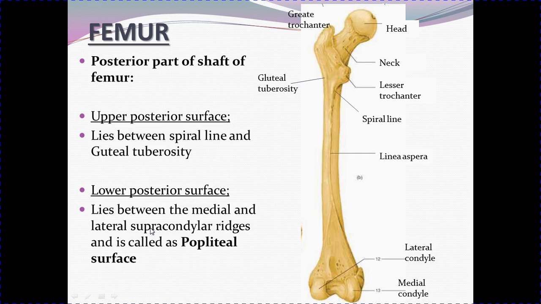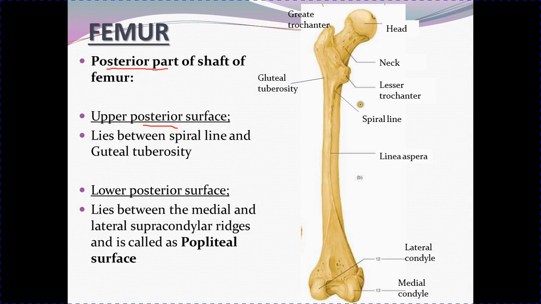But in the posterior aspect of the femur, because of divergence of the medial and the lateral lips of the linea aspera, one more surface is formed, which is called the posterior surface of the femur.